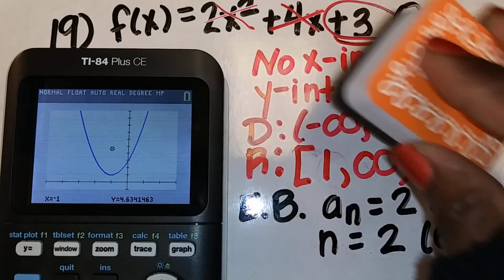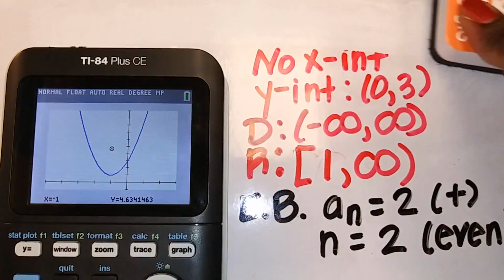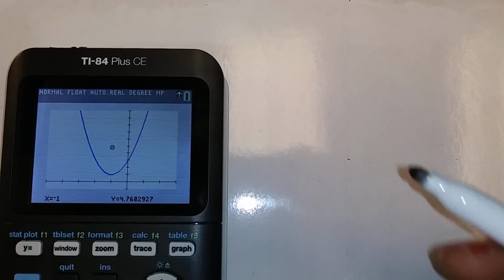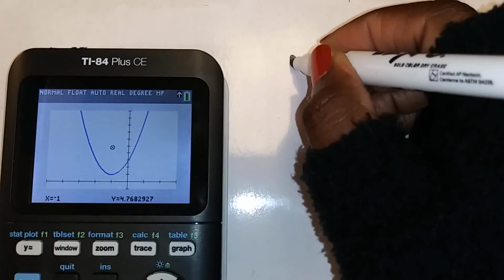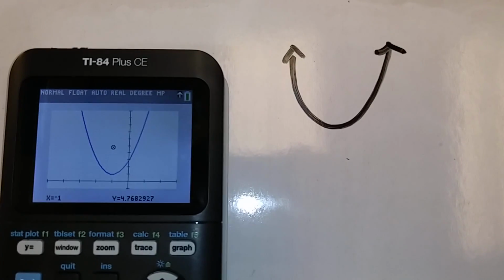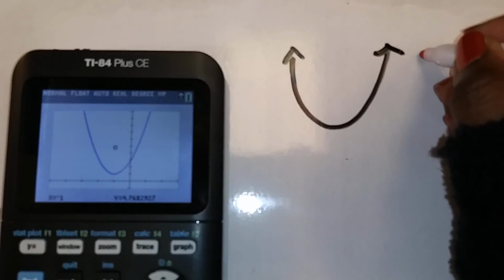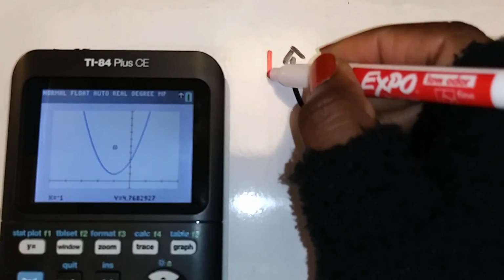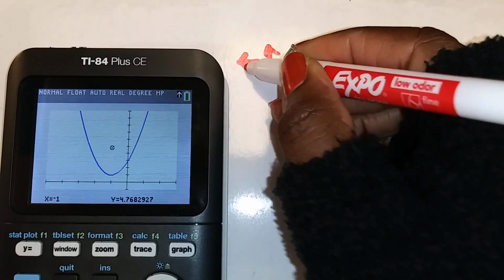So I'm going to erase all this because I want to make sure we understand how to write this out correctly. So again, the graph is going in 2 directions. It's going up and right, and then on this side it's going up and left.